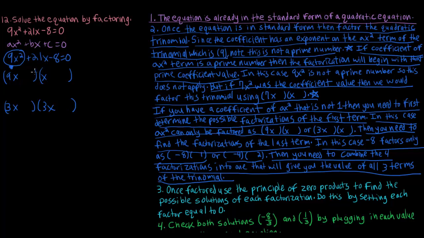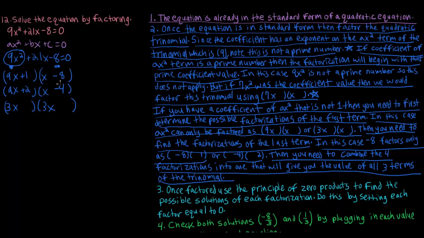But you also need 2 numbers that multiply to equal your last term, -8. The only options are -8 times a +1, or -4 times a +2.